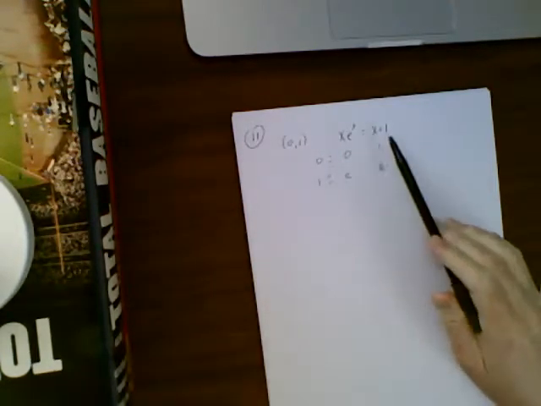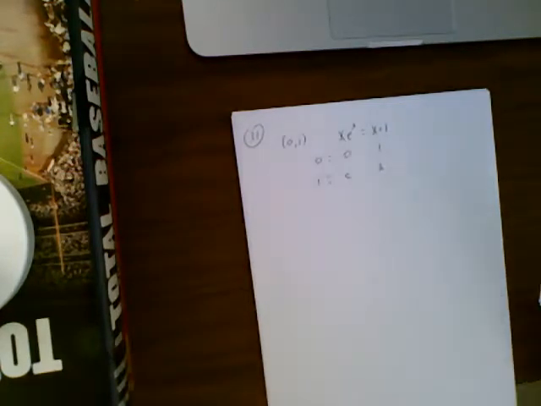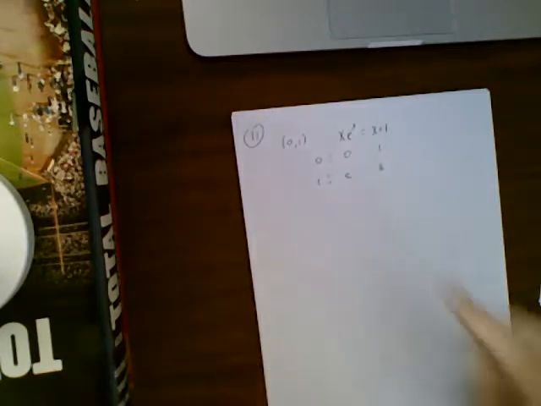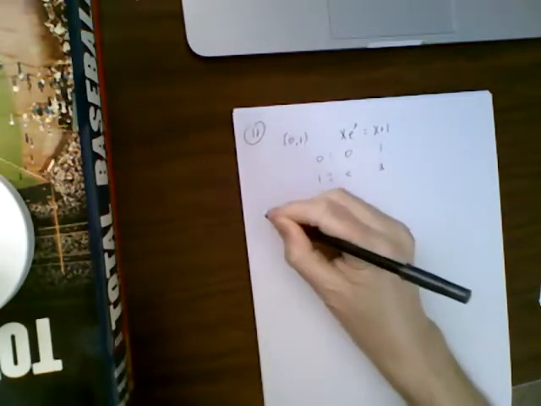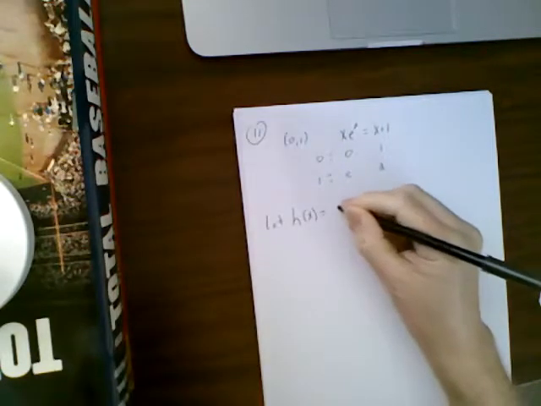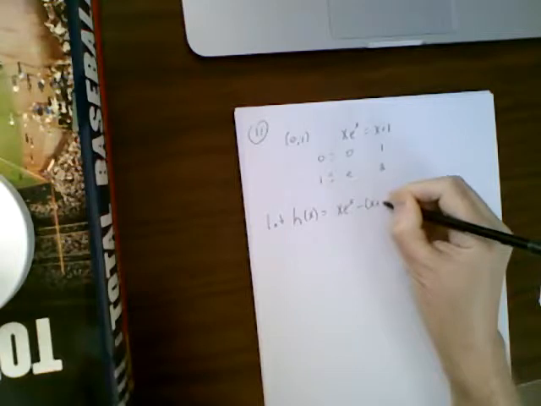So we went from this being the bigger one to this being the bigger one. And as we said in a problem before, if you have 2 continuous functions and you switch the role of bigger and smaller, you can look at the difference, and the difference changes sign. So let h equal x e to the x minus x plus 1.